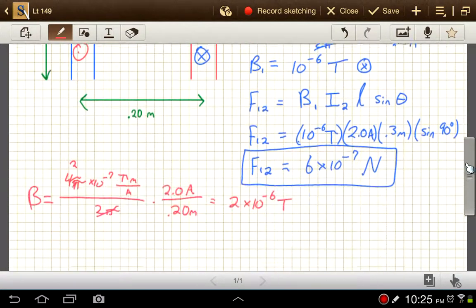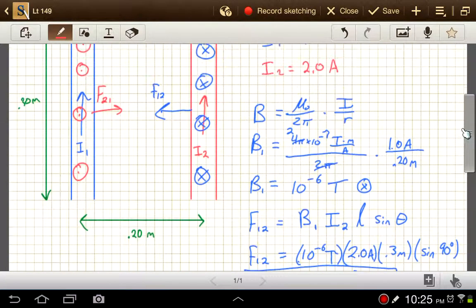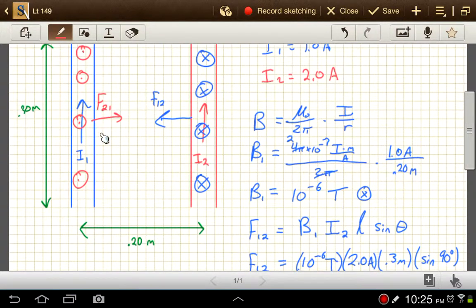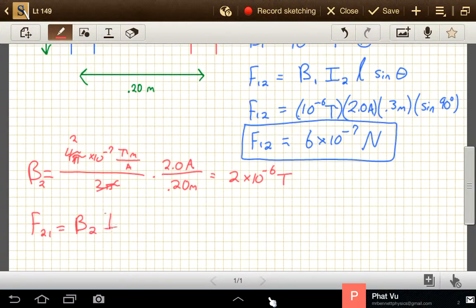And then our magnetic field is going to cause a force, the force caused by wire 2 acting on wire 1 here, which is going to be equal to the magnetic field, that's the one caused by the second wire, times the current in the first wire, times the length, times the sine of the angle between those.